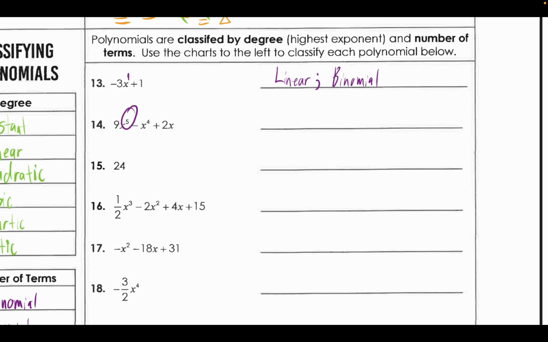The highest exponent on number 14 is 5, so it is what we call quintic. And I should mention, if we were to get higher, such as 6th, 7th, 8th degrees, you just call it a 6th degree polynomial, a 7th degree polynomial, very similar to how we did with the something-term polynomial. Just call it that degree polynomial. And since there are 1, 2, 3 terms, it is a trinomial.